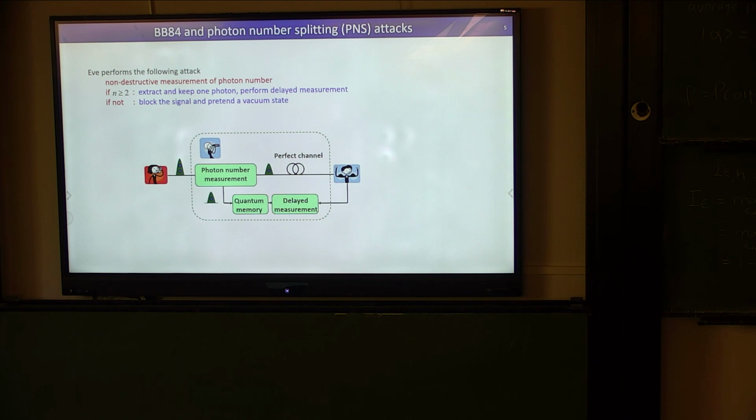This is very easy to show from the Bayes rule because of conditional probabilities, because you see that the probability of a detection event given a 0 will be 0 because we block all 0 photon pulses. And then the probability of detection given n is 1 for all n bigger than 1.